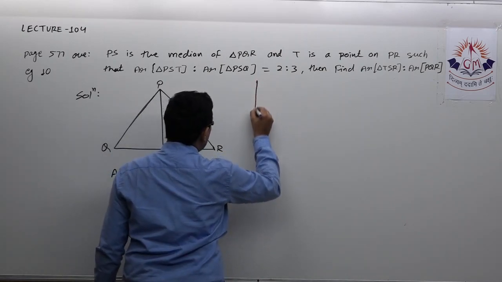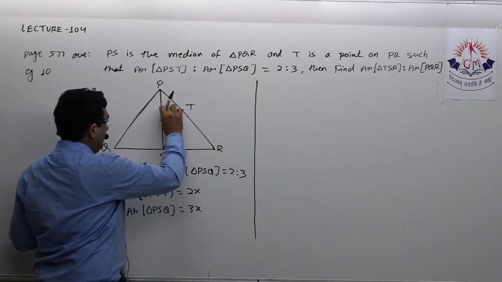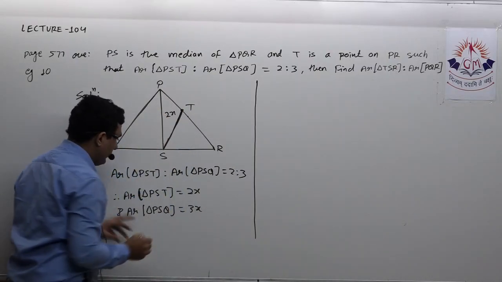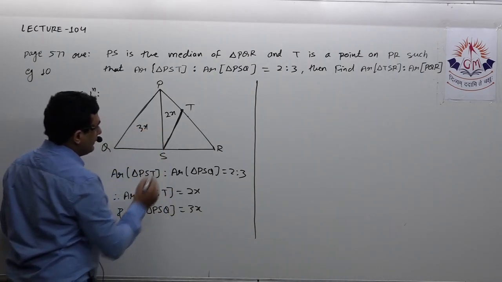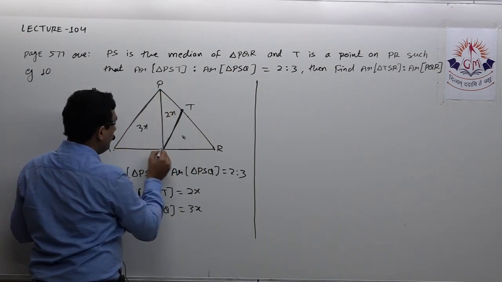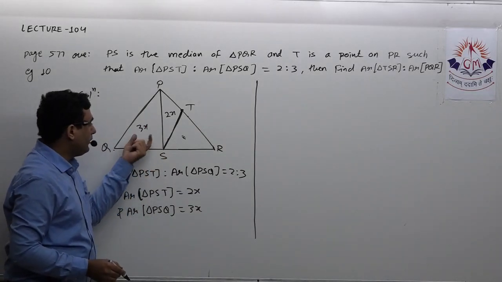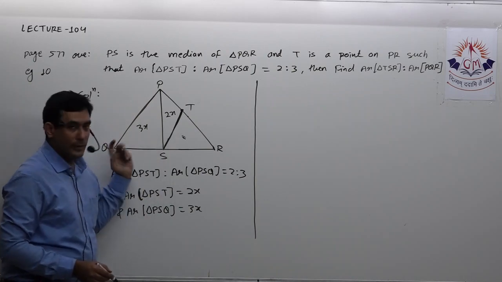Now I got the areas in terms of x. Now what I have to find is TSR and PQR. As PS is the median, definitely PQR will be twice of PSQ, so PQR will be 6x directly.